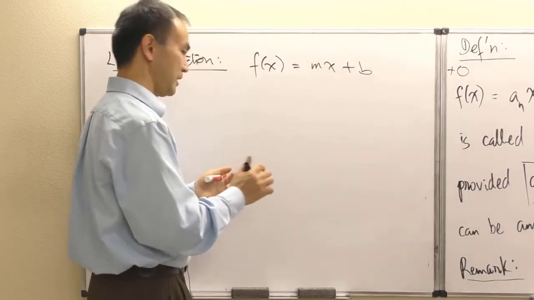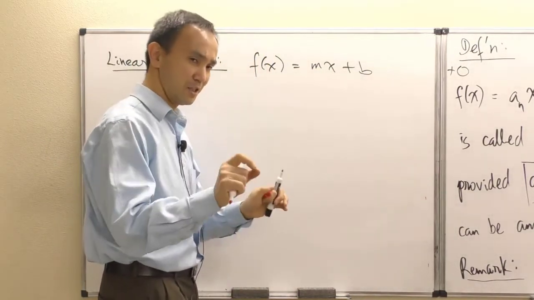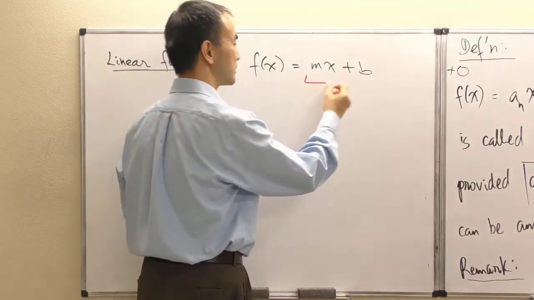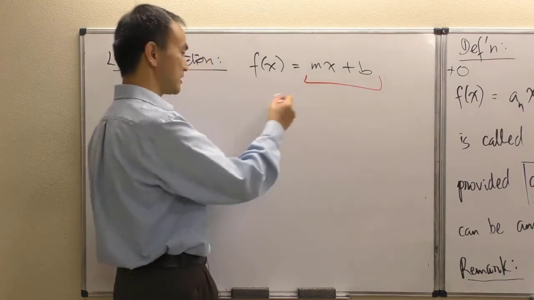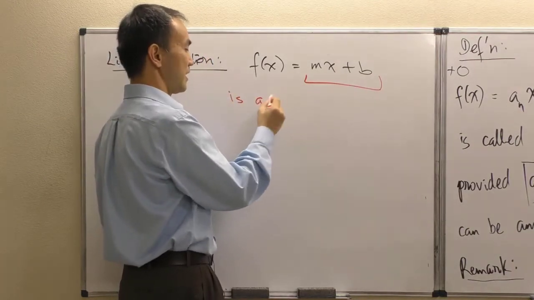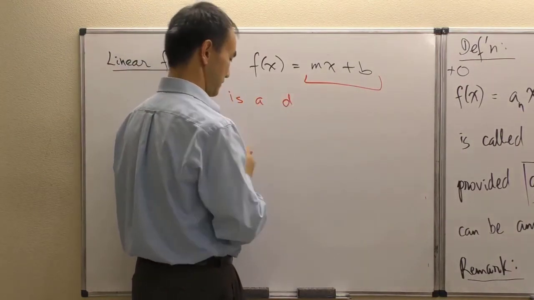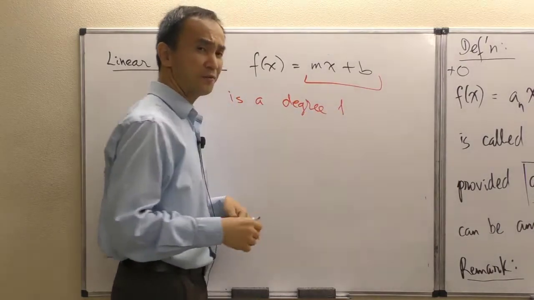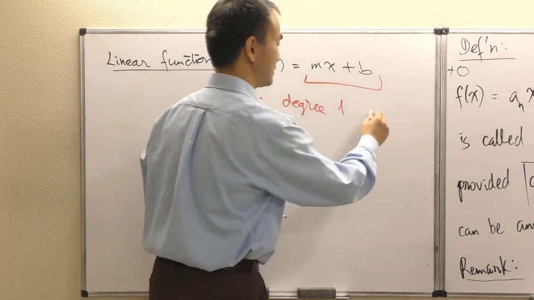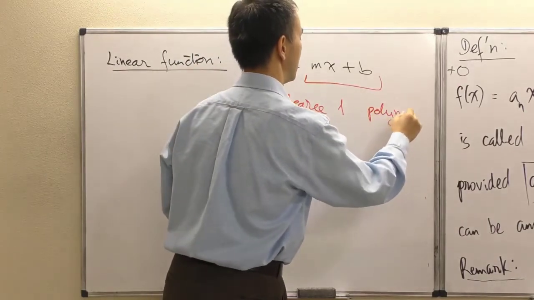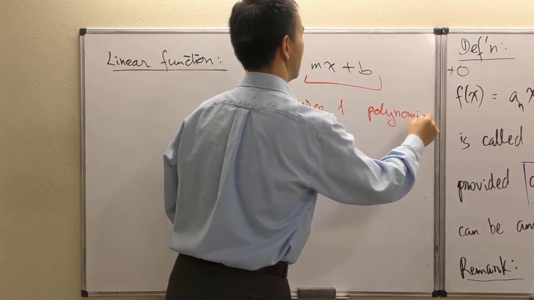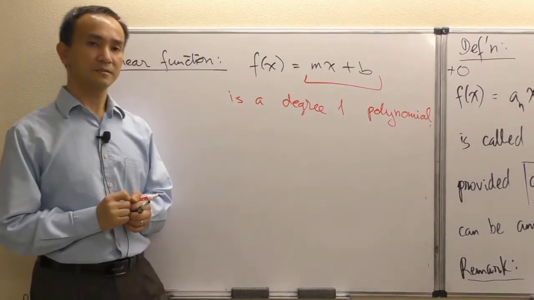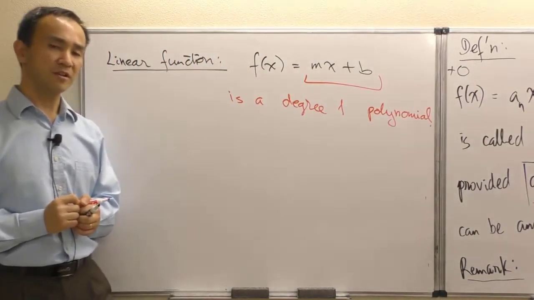So, yes, ladies and gentlemen, pause the video and think about what I just said. But now I'm telling you another truth. A linear function is a degree 1, or first degree, polynomial. All right. And I'm sure you have learned about linear functions.